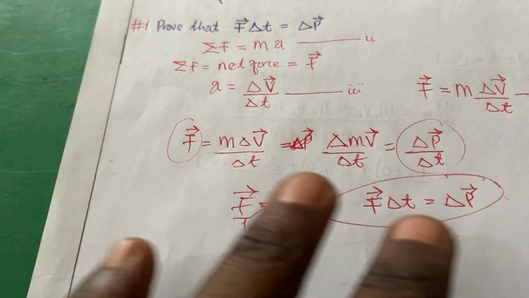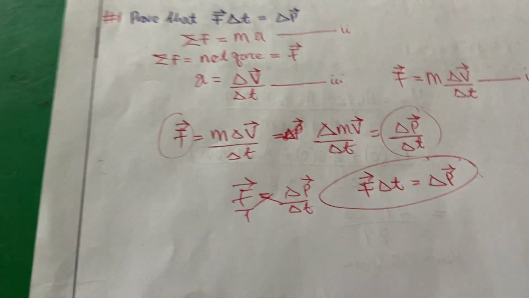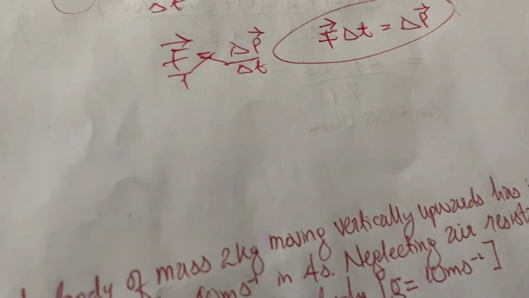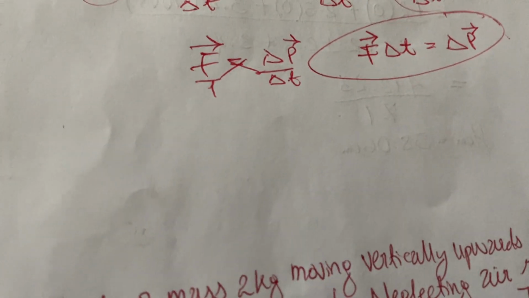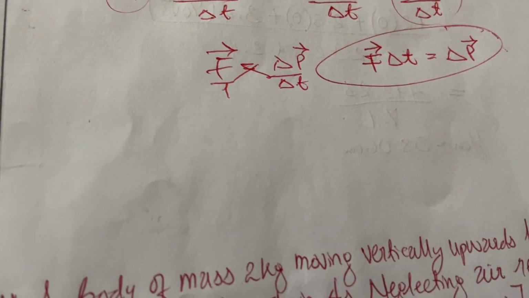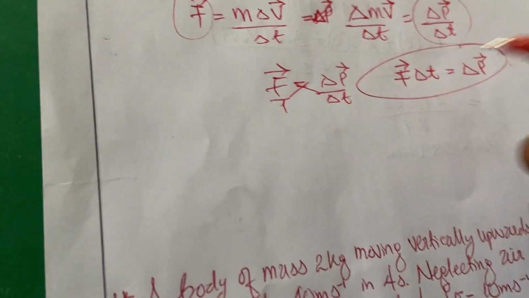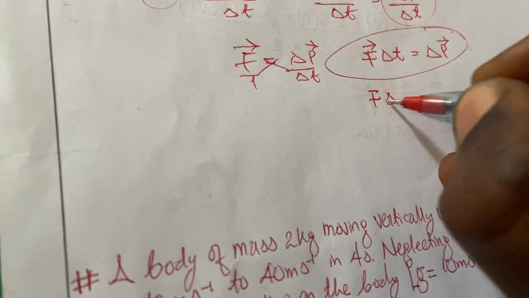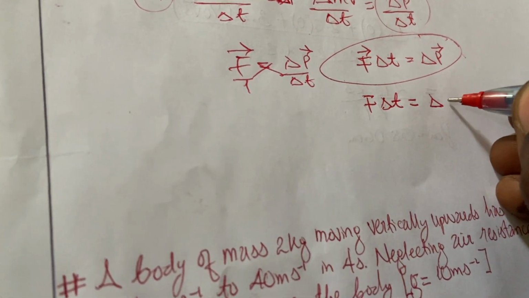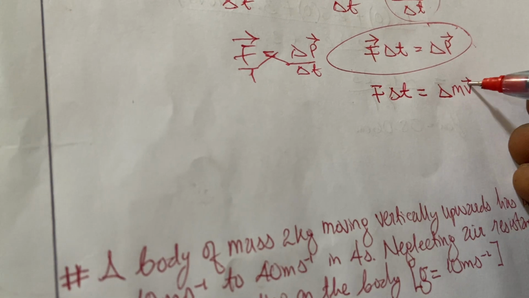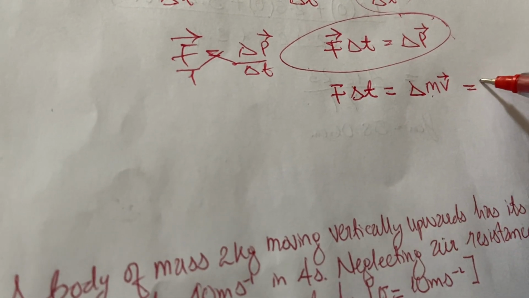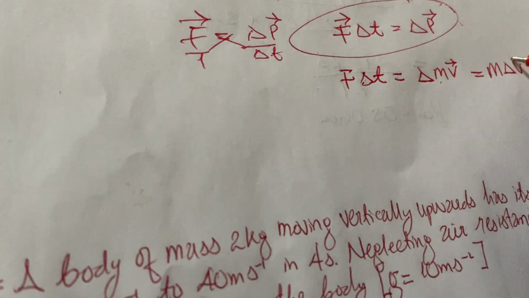I can further expand this. If we're talking about change in momentum, it means that at one point there is an initial momentum and there is a final momentum. So I can say F change in T equals change in mv. Note that m is a constant, so I can say m change in v.